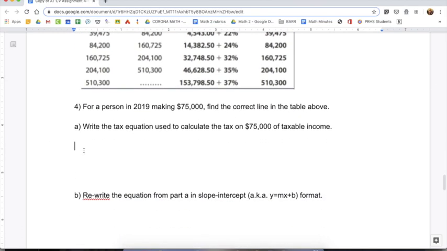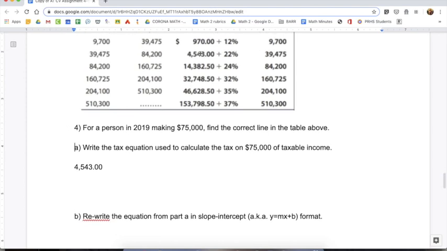Here's how I would do it. To make the tax equation for A, we've got $4,543 and 0 cents. That comes from the table here, where we've got the $4,543 and no cents. That's where that comes from.